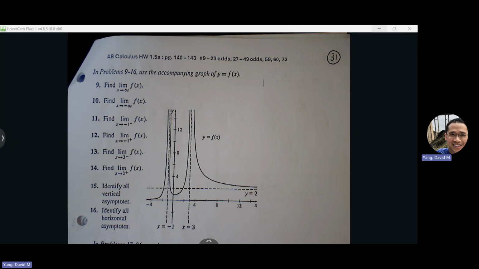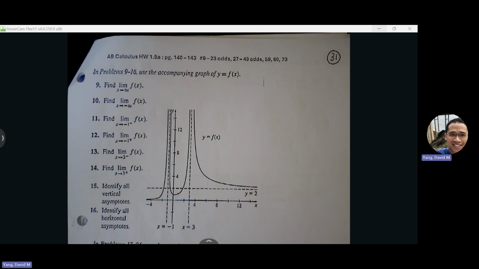Approaching 3 from the right, also a vertical asymptote, so positive infinity. And if we're approaching the same number from the left and from the right, and they're both giving you infinities, you know there's a vertical asymptote there. Even if this wasn't drawn for you and this property was given to you, you would know that this is talking about vertical asymptotes.